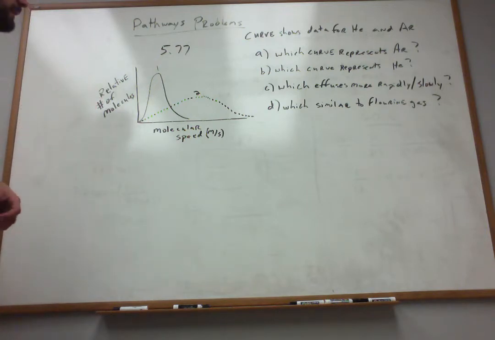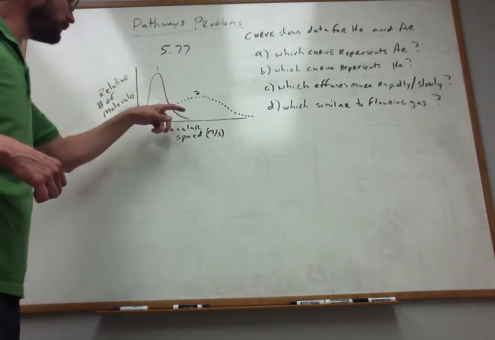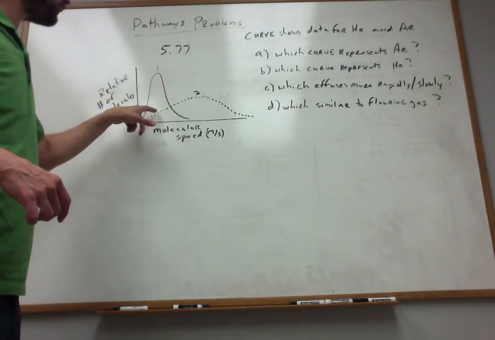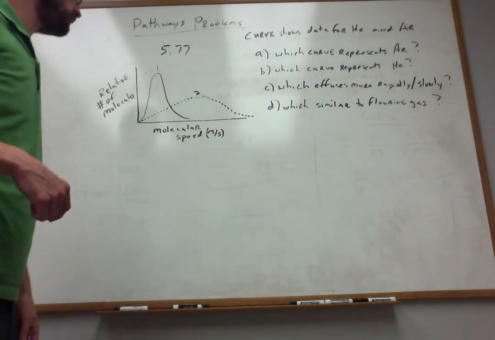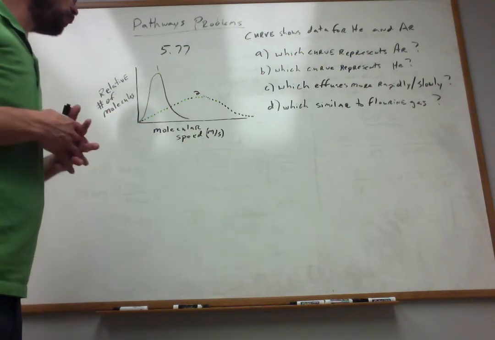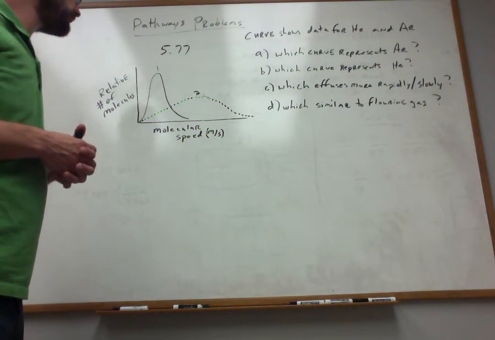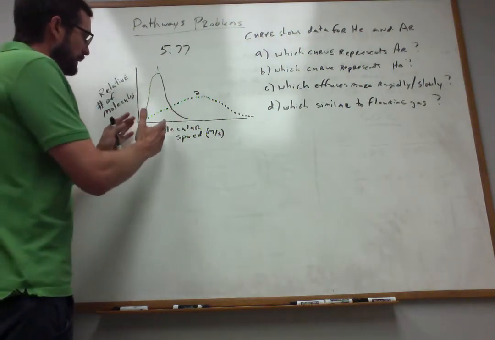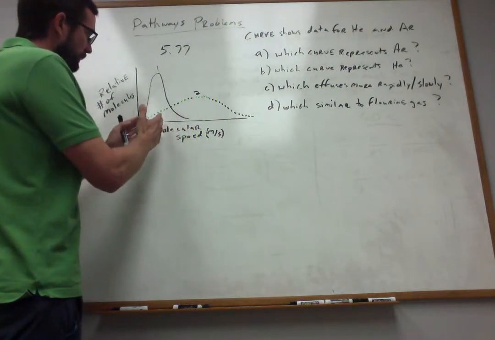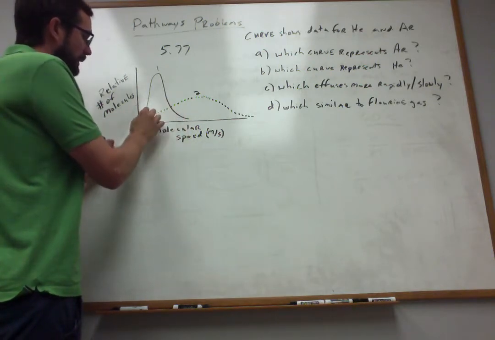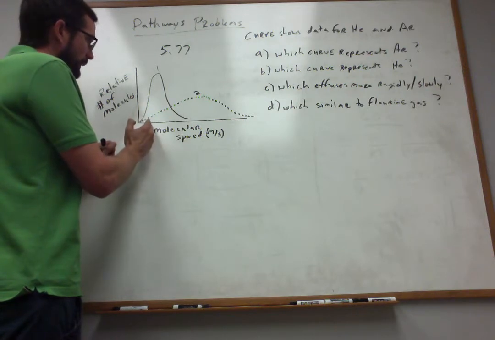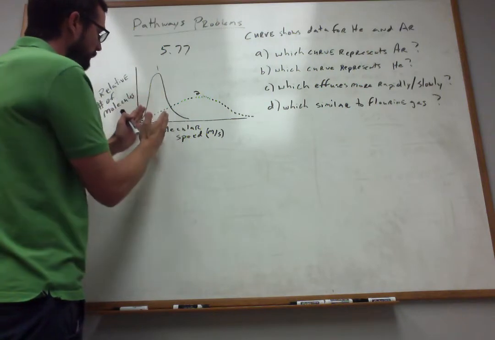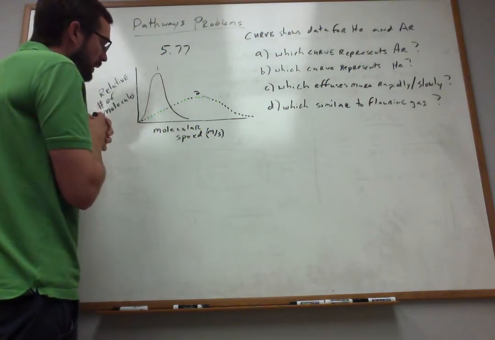So there's two data series plotted here, number 1 and number 2. I think they're in different colors in the book, but I've made this one a solid line and this one a dotted line to differentiate between the two, okay? What you can see highlighted here is that data series 1 has a relatively compressed distribution at lower molecular speeds, and a larger fraction of the molecules have a particular speed within this narrower window.